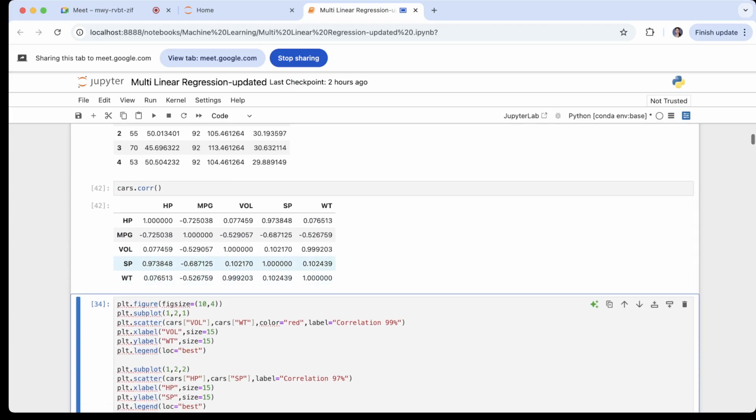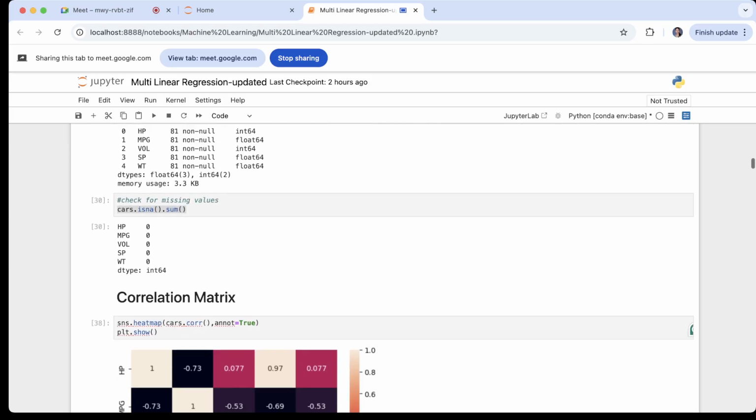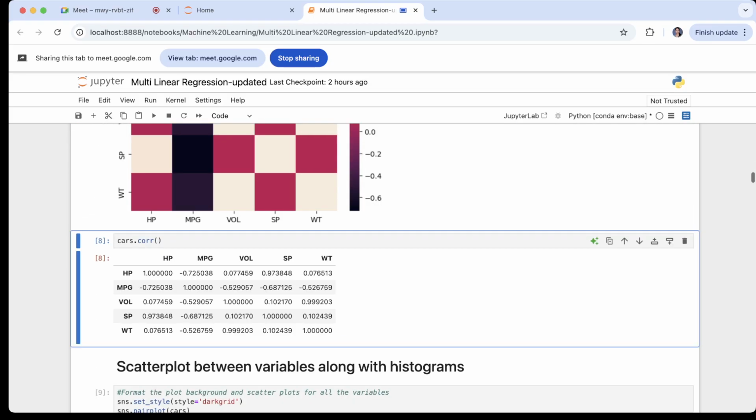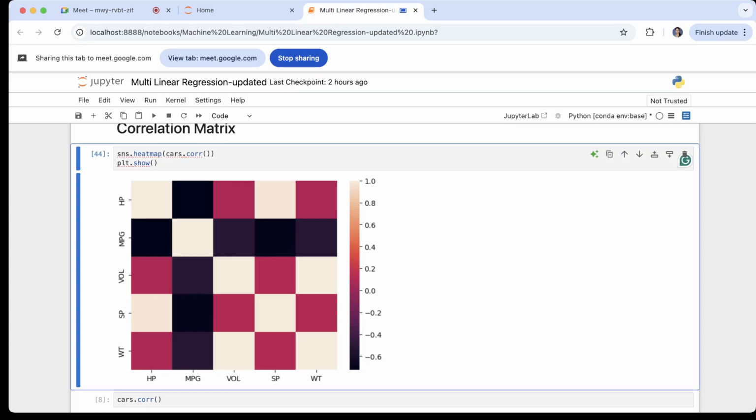Okay, now see here, it's a little difficult to identify which one is the high, but here, even without the numbers, you can clearly identify SP, HP, volume and weight. Ignore the diagonal, because the diagonal will always be 1, since it's a variable with itself.